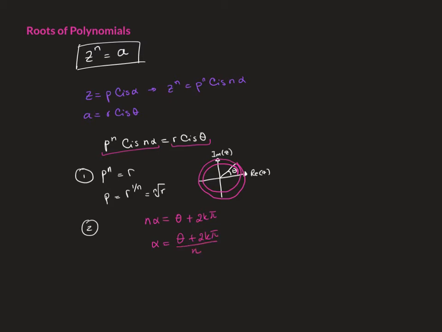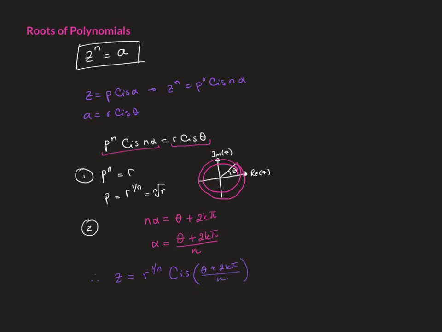So when we build the number z with these two pieces of information, z in cis form is going to be r to the power of 1 over n, which is p, times cis of the argument, which is alpha, and alpha is theta plus 2k pi over n.